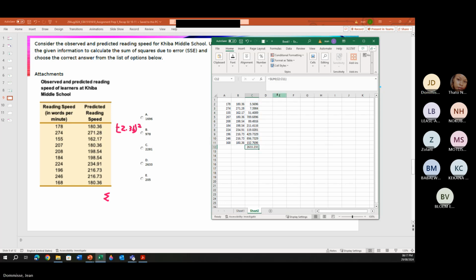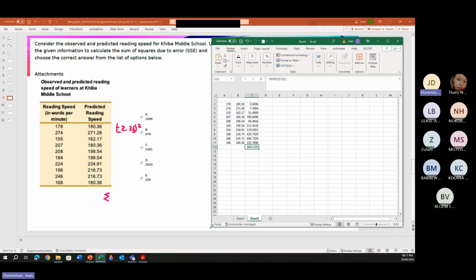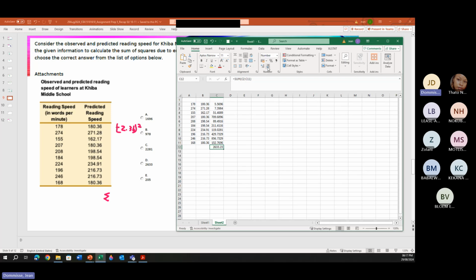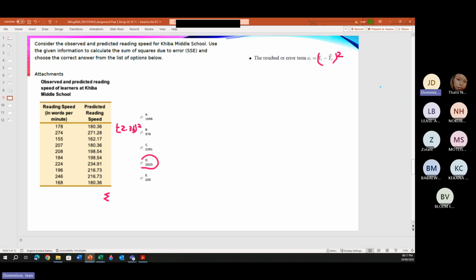Okay, again, round it off. If they round it off, I will also round it off. So 2633. Okay, so basically what we needed to do is take the y, subtract the predicted y value for each of them, and then sum all of them.